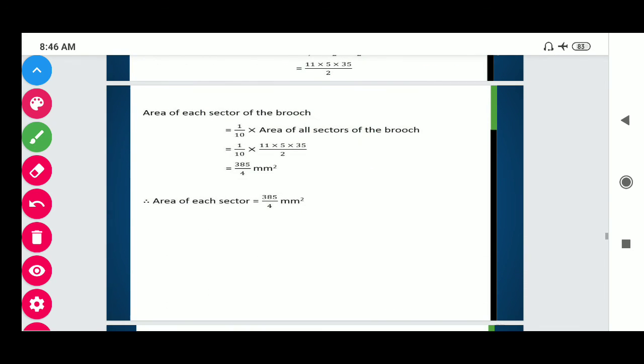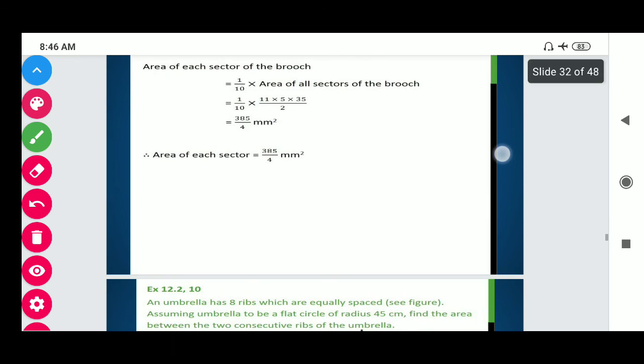So, on dividing by 10, we get 385 over 4 square mm. So the area of each sector is 385 over 4 mm squared.